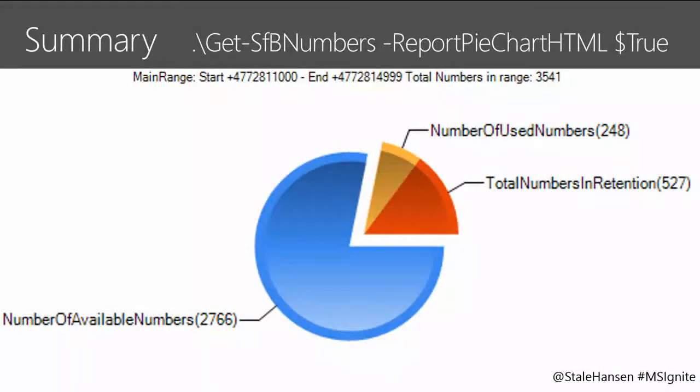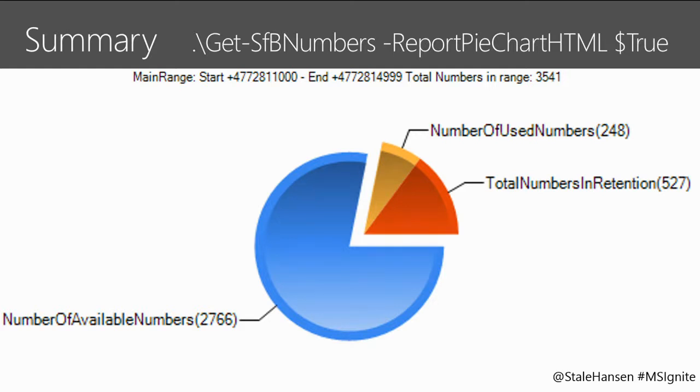And then you, of course, can run Get-SFBNumbers with the report pie chart to HTML option, where you generate a pie chart for each series and range. And it will generate for the main range as well as all those reserved ranges. And it gives you information on the number of available numbers, the number of used numbers, and also the amount of numbers in retention.